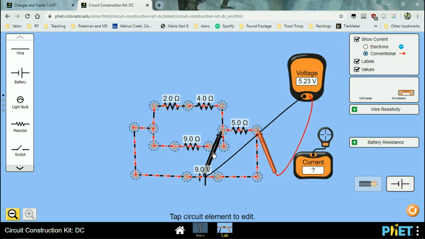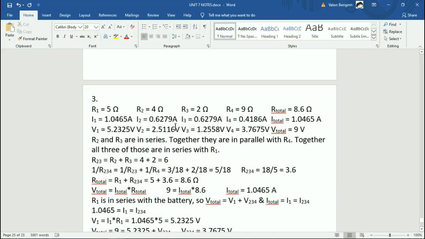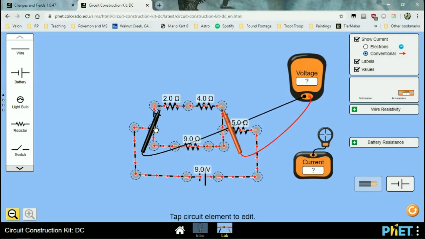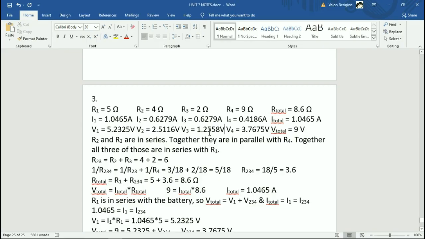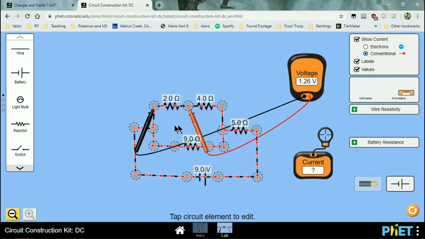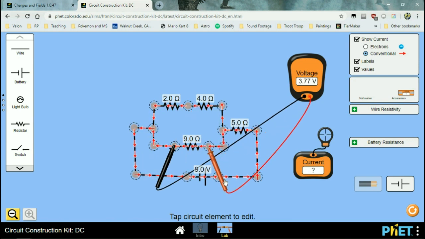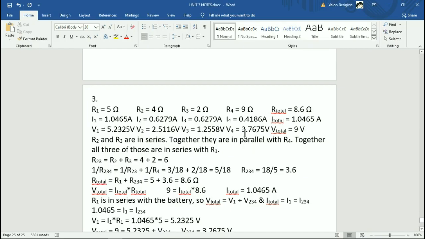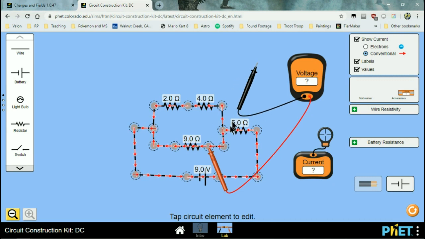V2, 2.51. Yep. V3, 1.26. Yep. And V4, 3.78. 3.77, oh yeah, 3.77. And total voltage is 9. Yeah, we got that.